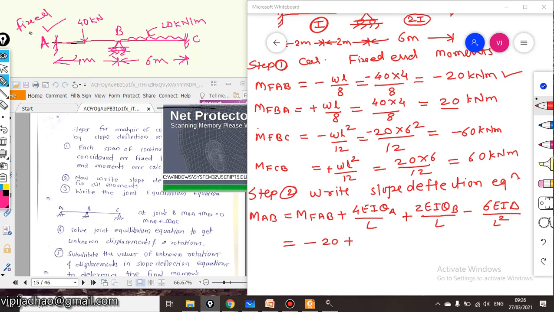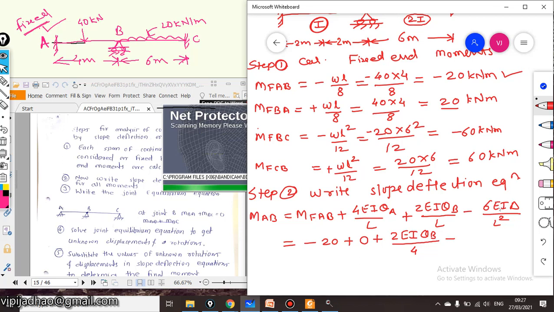Therefore the value of theta A will be 0. Therefore this 4EI theta A upon L will be 0, plus twice EI theta B divided by L. L will be for this span AB, L is equal to 4 meter. You can see here 4 meter is given. So you can write down here 4.